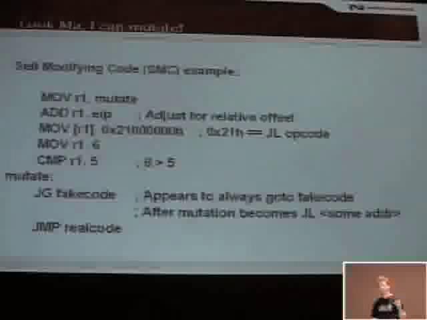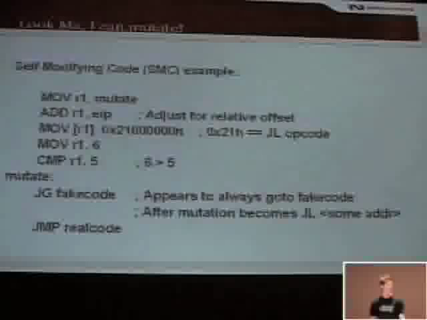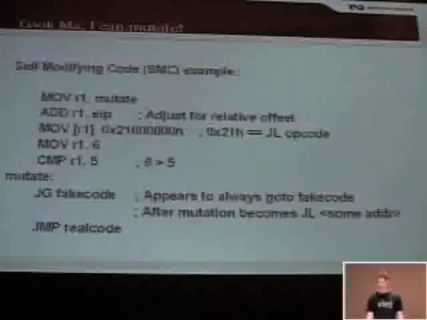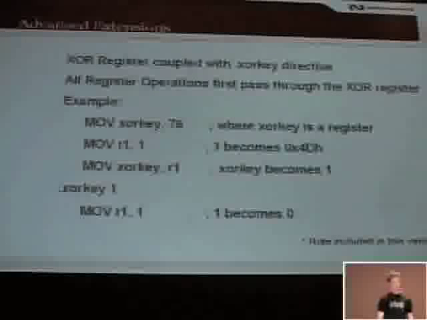Because what happens is, the move of 21 hex into R1 is going to overwrite JG with JL. So we're going to have a jump of less than to fake code, which is why we never run it, and we get to our real code. So that's something else to keep in mind. You can always mutate your code, and you can write it one way so it changes itself halfway through.